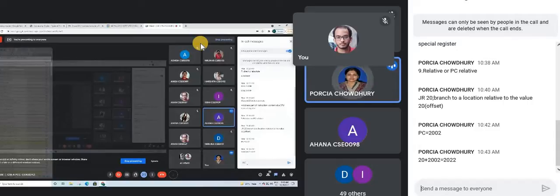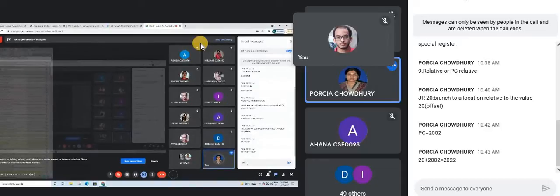Yeah, that's why I'm saying that tomorrow I will show you one numerical example. Basically, you need to understand what type of question you may face from this part. One will be the direct question. That means one or two types of addressing mode will be mentioned, and you have to write what the addressing mode means with one example.